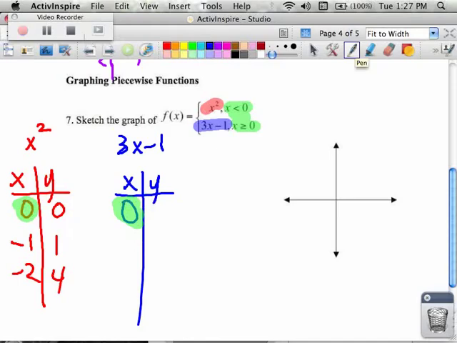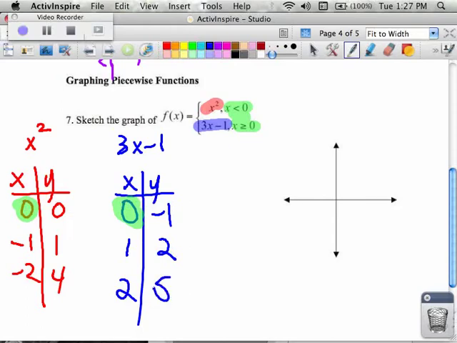I plug in 0, but the condition tells me to go bigger than or equal to 0, so I'm going to pick 1 and 2 for the x values. If I plug 0 into the blue, 3 times 0 is 0, minus 1 is negative 1. If I plug in a 1, 3 times 1 is 3, minus 1 is 2. If I plug in a 2, 3 times 2 is 6, minus 1 is 5.